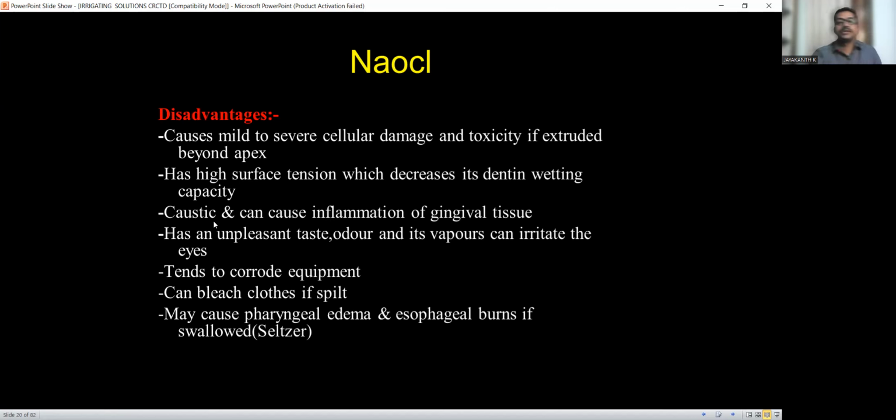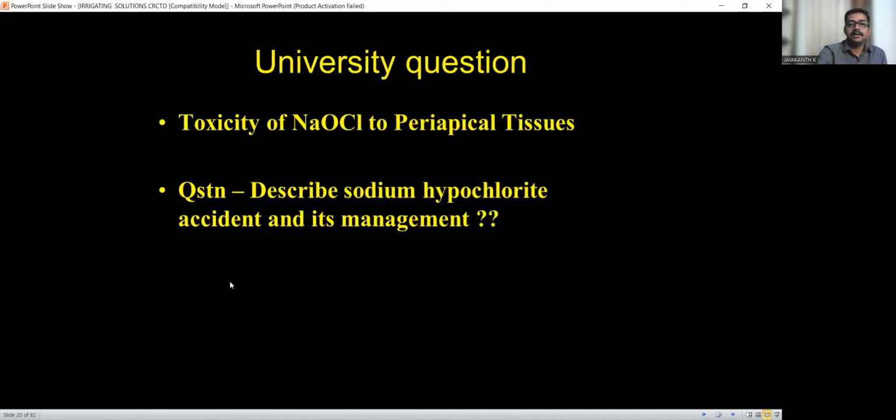It is a caustic solution and can cause inflammation of gingival tissue. It has an unpleasant taste and odor, and its vapors can irritate the eyes. It tends to corrode the equipment. It can bleach clothes if spilled over them. It may cause pharyngeal edema and esophageal burns if accidentally swallowed.